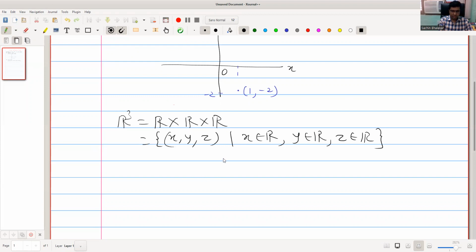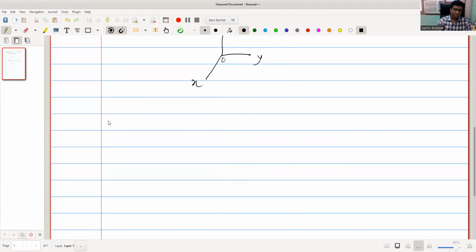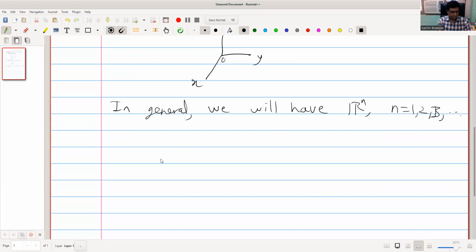And this is as usual space, x, y, z. In general, we will have Rn, and this n is a natural number 1, 2, 3, etc.